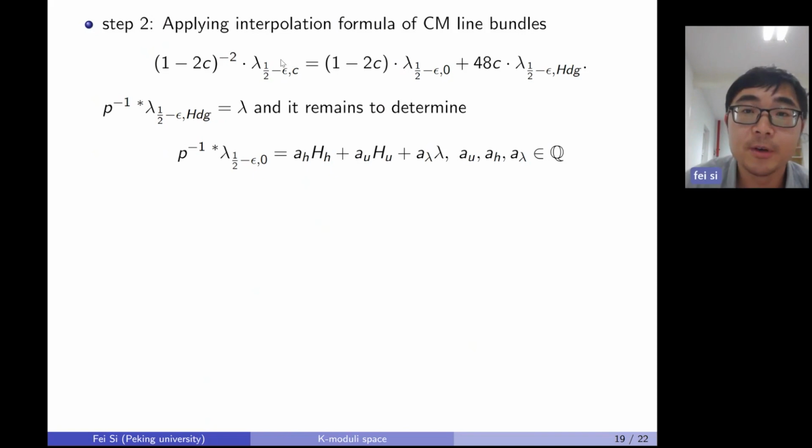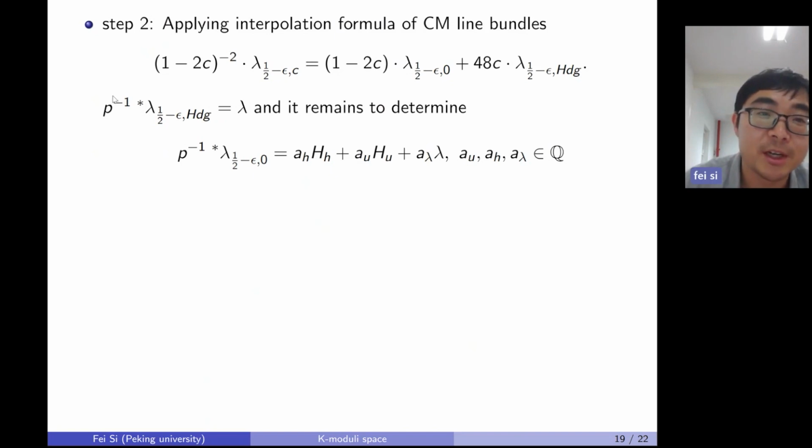In this formula, the CM line bundle at C is divided into two parts. The first is the Hodge line bundle. The second is the CM line bundle, and this coefficient. So it remains to determine what this line bundle is and what that line bundle is. Oh, sorry, this is the Hodge line bundle.